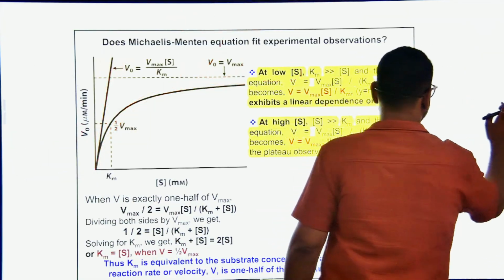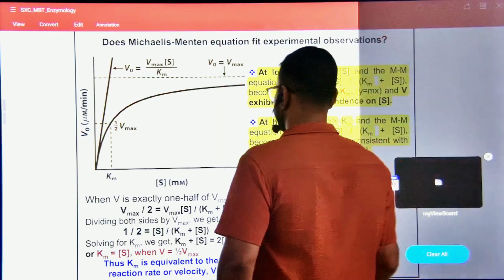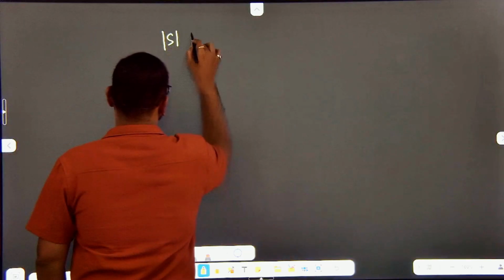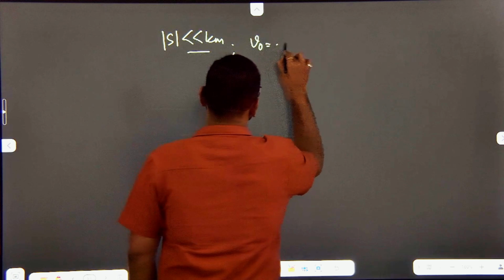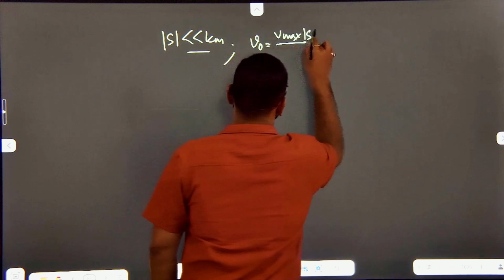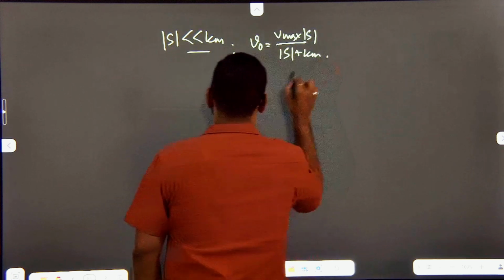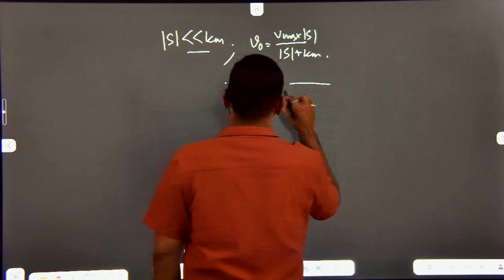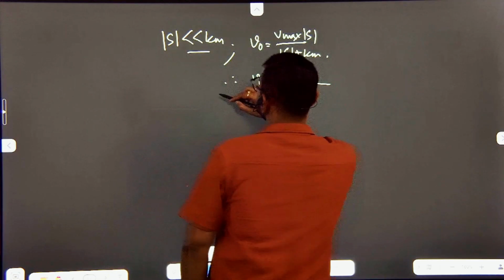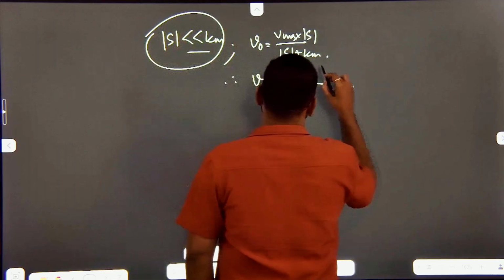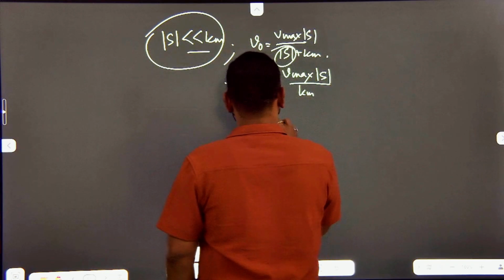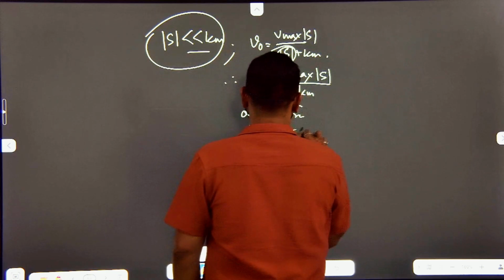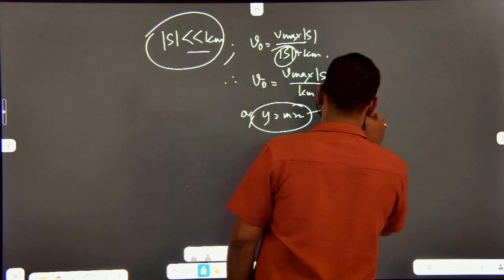I'm repeating myself. When substrate concentration is much less than Km, V equals Vmax into S by S plus Km. Therefore, S we are eliminating, so Y equals mx, a typical linear graph.